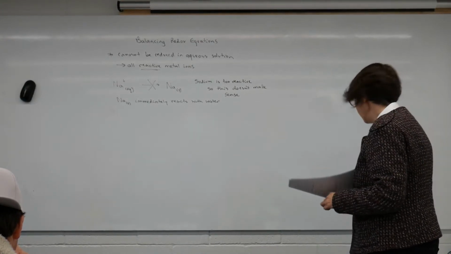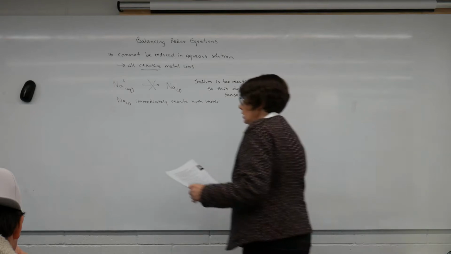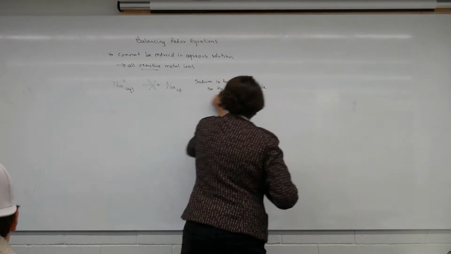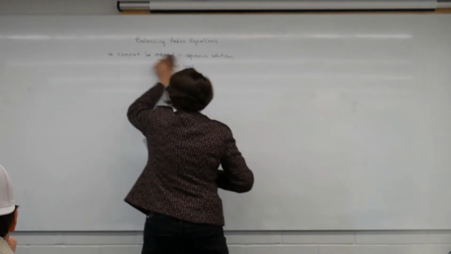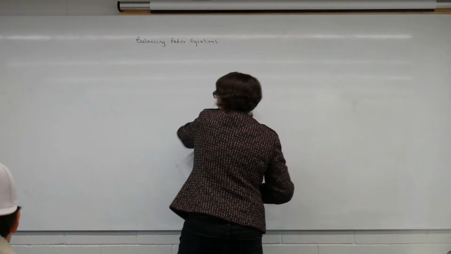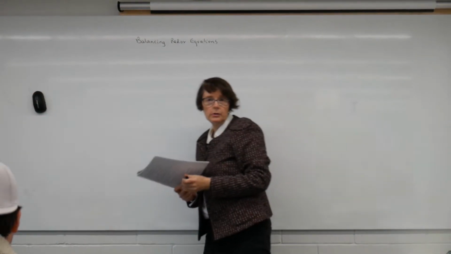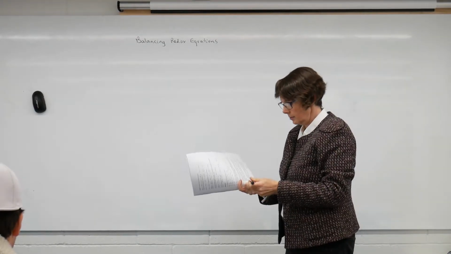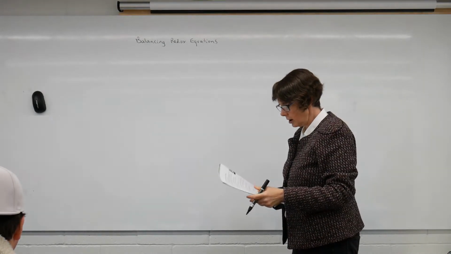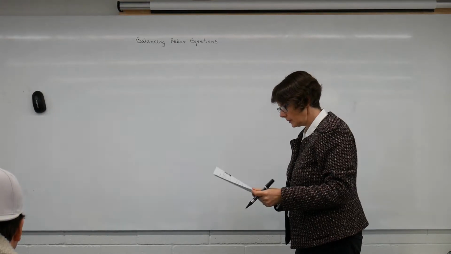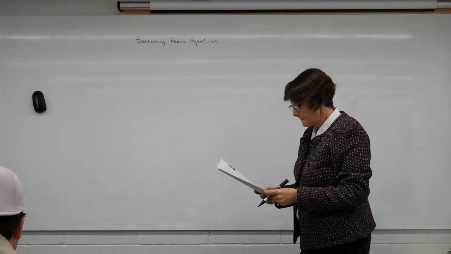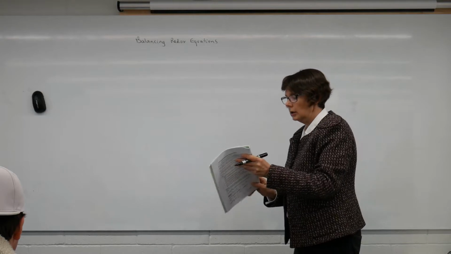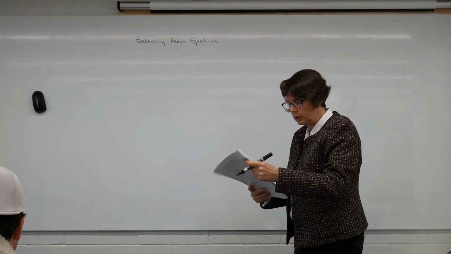Look to see if the relevant half equation is on the electrochemical series. And if it is, just copy it straight down. If it isn't, then you're going to use the balancing method that we practiced last lesson, balancing with water, hydrogen ions and electrons.